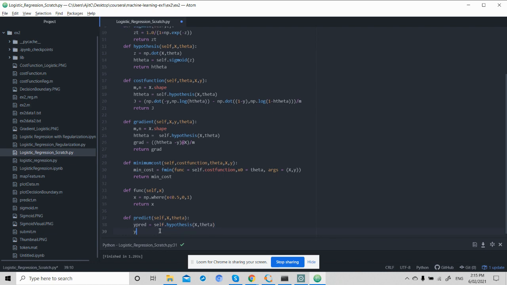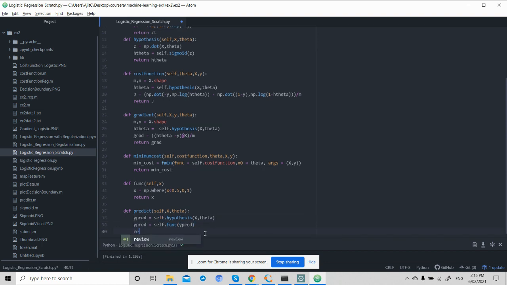And my output will be my result, and then I will apply all the logic that says if my hypothesis is less than 0.5, this will be 0 or 1. So my y predicted again will be simple. So the y predicted will give my output as 0 or 1.